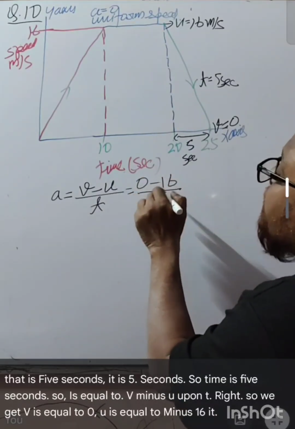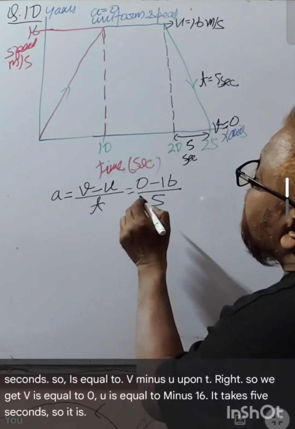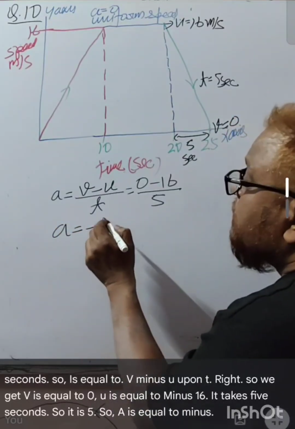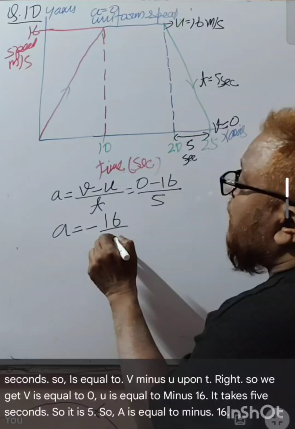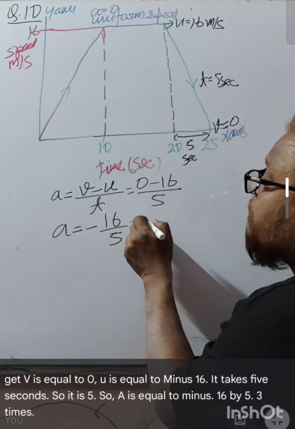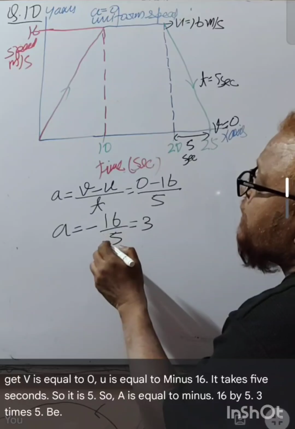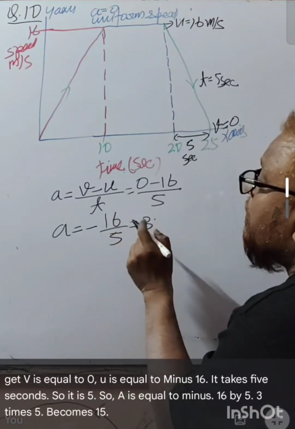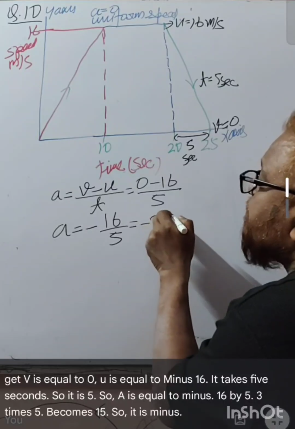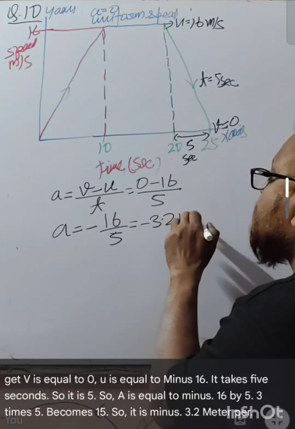It takes 5 seconds, so T is 5. So A is equal to minus 16 by 5, which is minus 3.2 meter per second square.